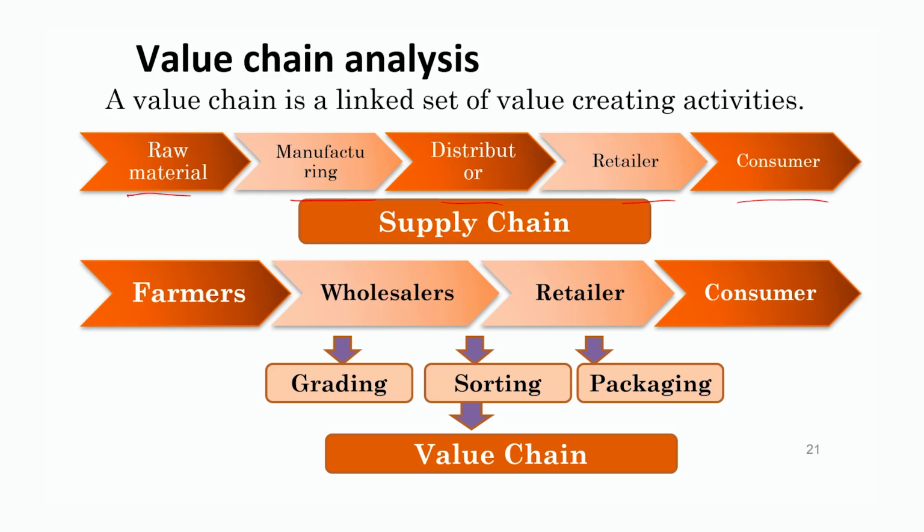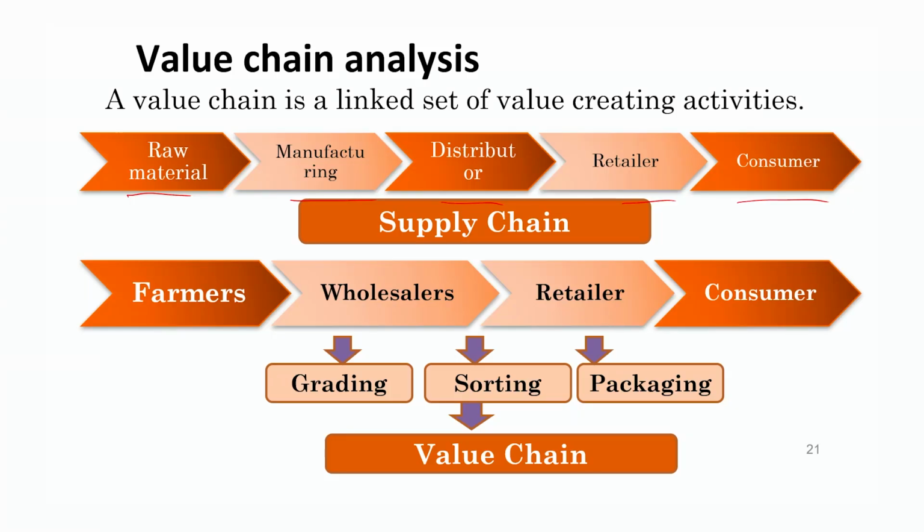Let's take a product, apple. If an apple passes from farmers to wholesalers to retailers to consumers as it is without any change, then it is known as a supply chain. But when you add grading, sorting, packaging to it, it becomes your value chain.